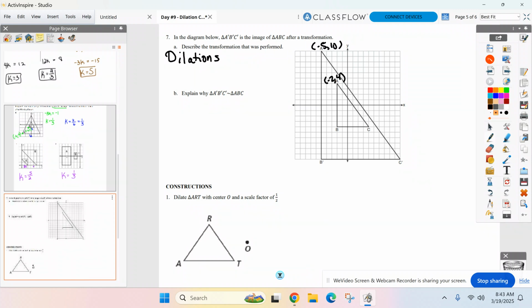If I am, great, but that doesn't make me a winner. I'm going to have to do it from B to B prime as well. -2, -4. So this is how I check if the center of dilation is the origin or not, which honestly in here, it'll probably be the origin. Right? I'm not going to try to trick you, and the center will be like 5, 1.